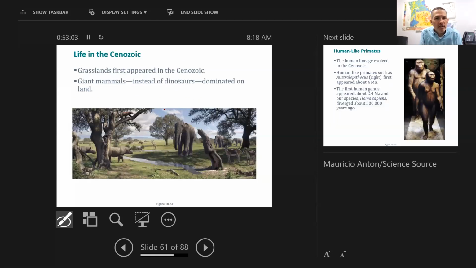So life in the Cenozoic would have looked like this, with large giant mammals still filling in that same niche, but different species filling in that niche.